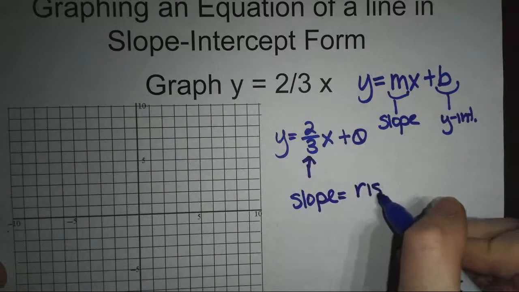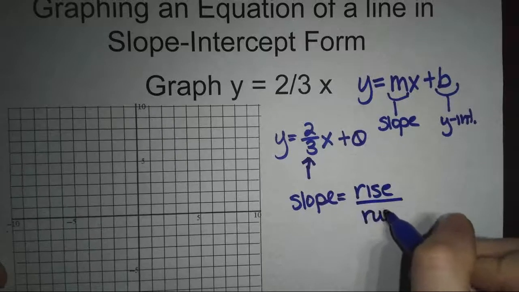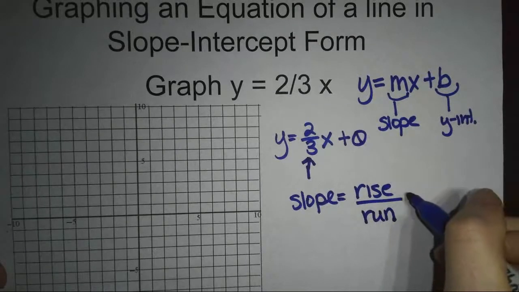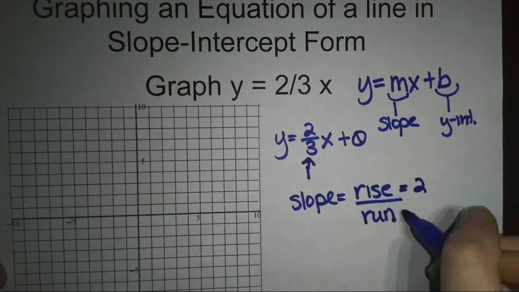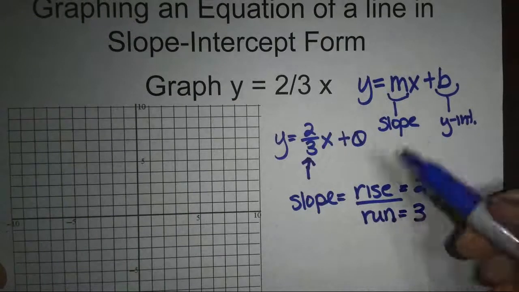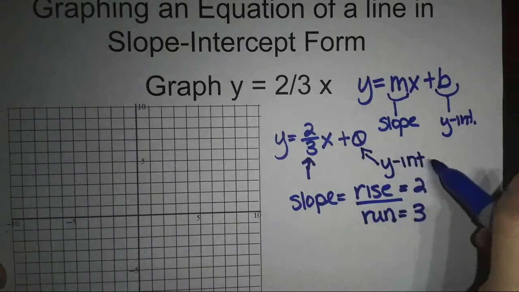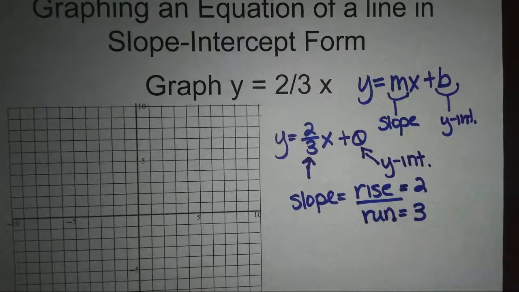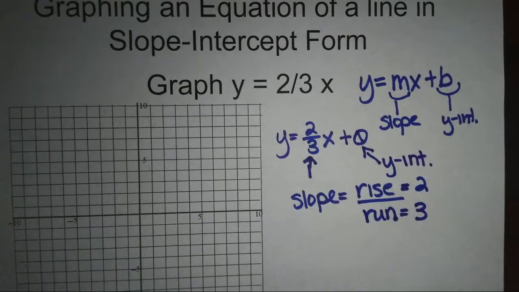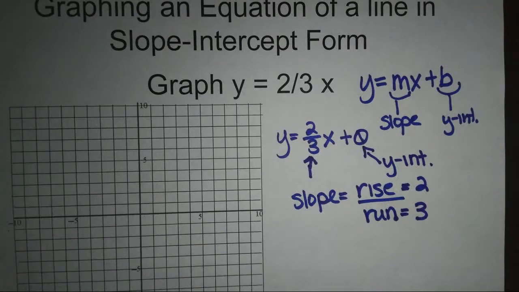And remember, slope is rise over run. So our rise would be 2, and our run would be 3. And then this number right here is our y-intercept. That tells us that this line will cross the y-axis at 0. So 0 is the x value, and then in this case, 0 is also the y value.